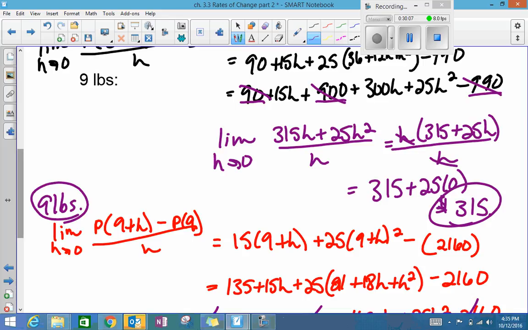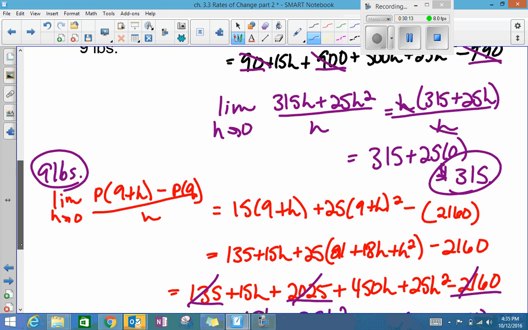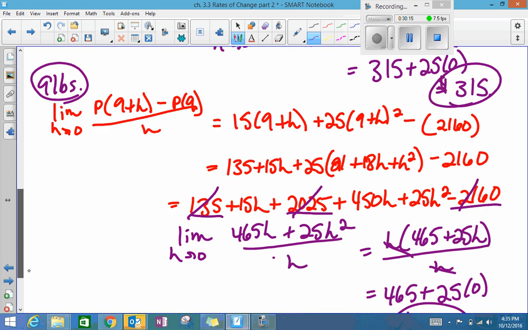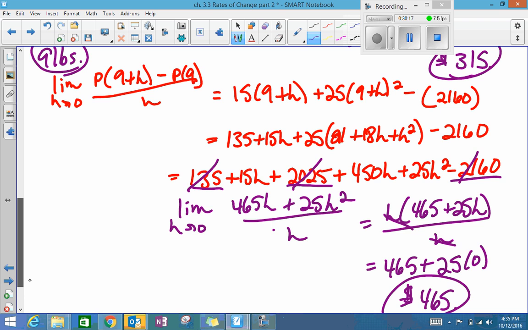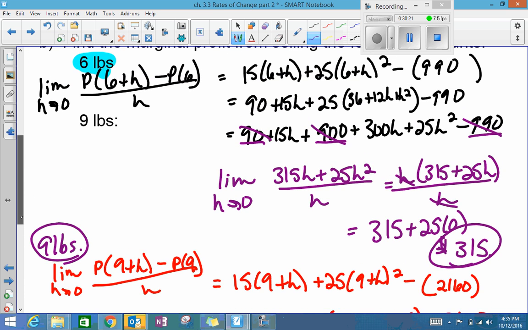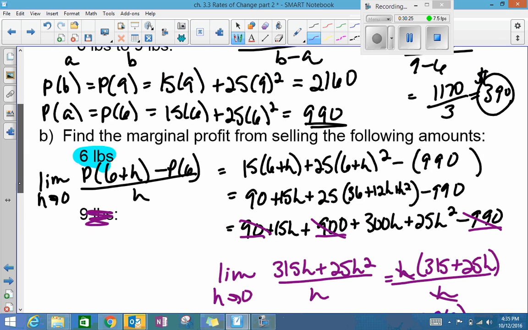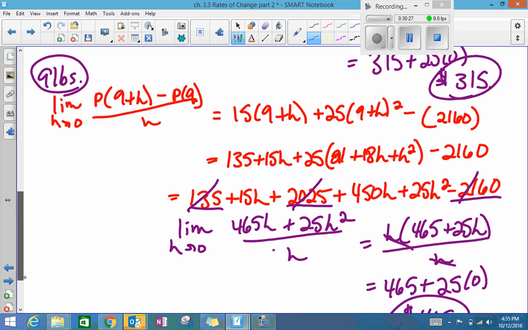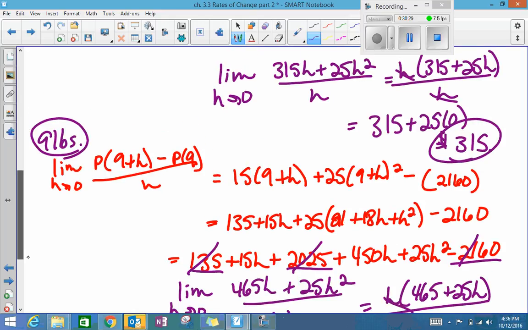Where we expected cost to go down as we were making more products, we expect profit to rise in some functions. So in this one, it makes sense. So 9 pounds, the rate of change was 465. 6 pounds was 315. And the average was 390. And so that makes sense also, because that's kind of right in between the two of them.